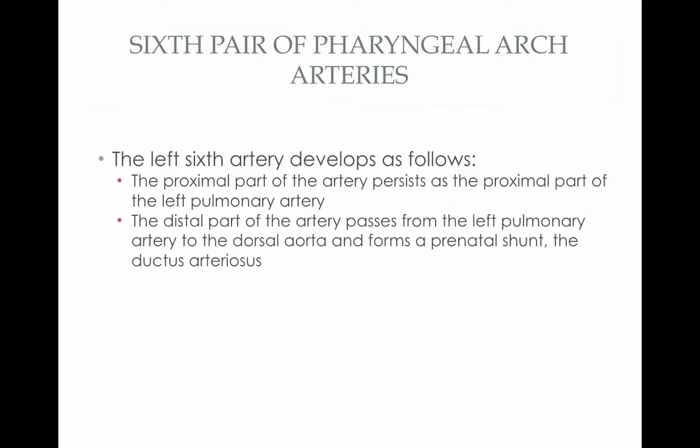And then lastly, the sixth pair of arches. If we look at the left sixth arch or artery, the proximal part of the artery persists as the proximal part of the left pulmonary artery, and the distal part of that sixth pair, or left sixth artery, passes from the left pulmonary artery to the dorsal aorta, and it forms that prenatal shunt, as we talk about with fetal circulation.